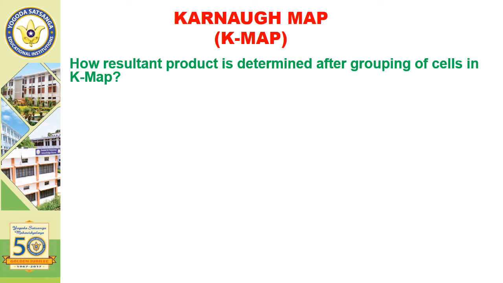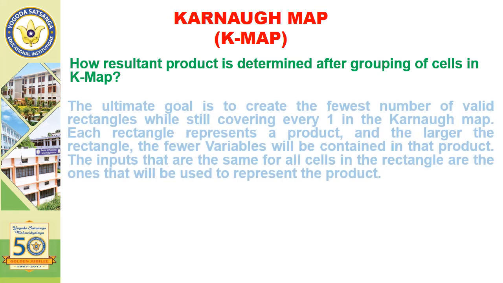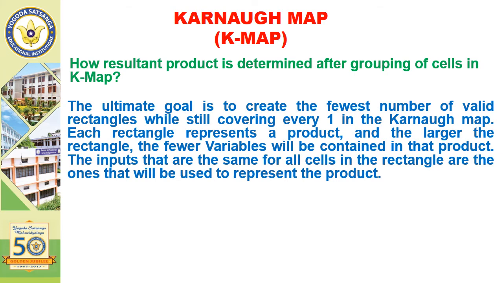We just take an example to understand these rules. The main goal of the K-map is to reduce the number of terms in the given Boolean expression or simplify the result.